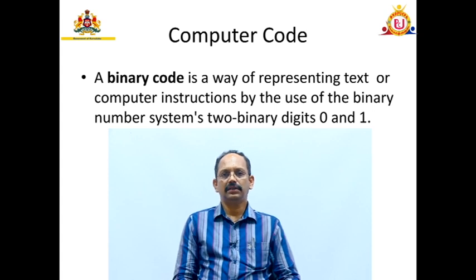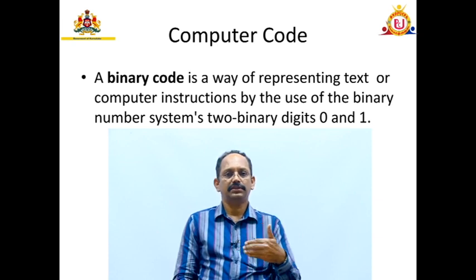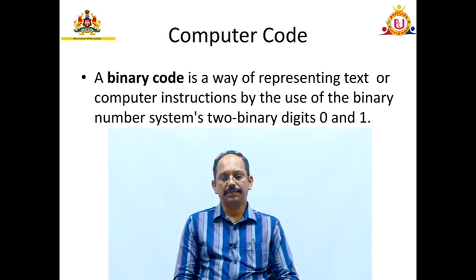From my previous explanation, now we are having an idea how every data in computer gets converted into a binary number and how computer processes this binary number. So, a computer code is a binary code. It is a way of representing text or computer instructions by the use of binary digits 0 and 1.